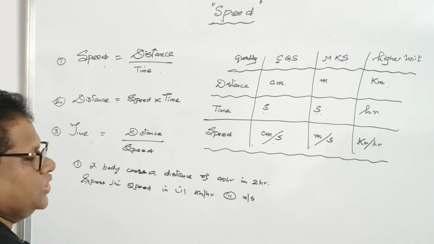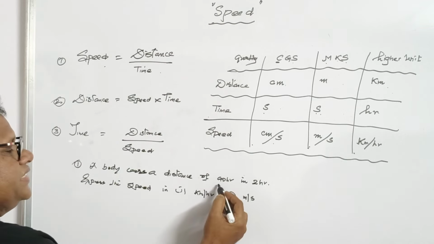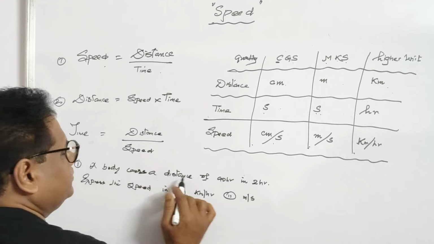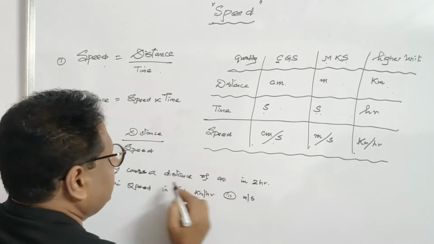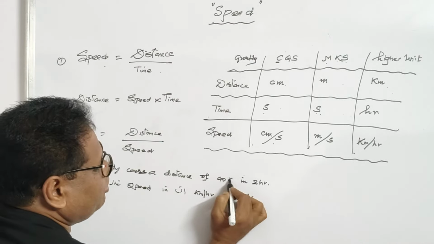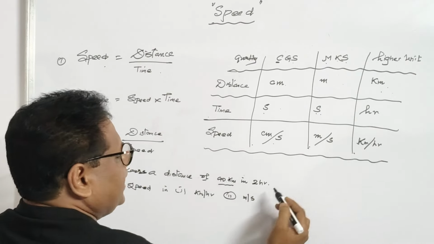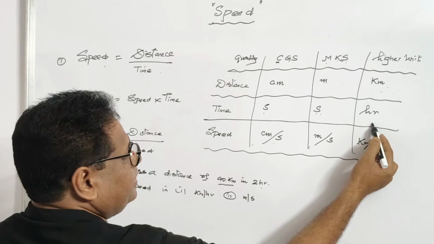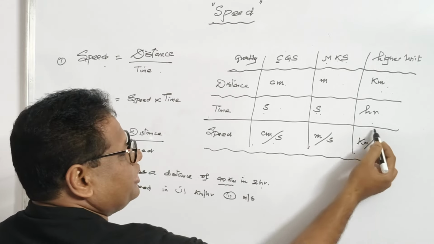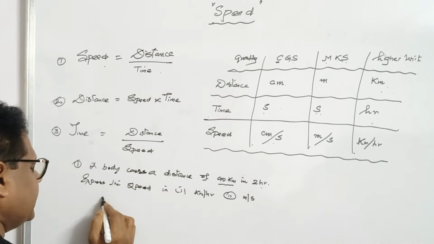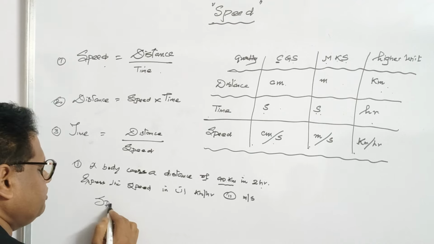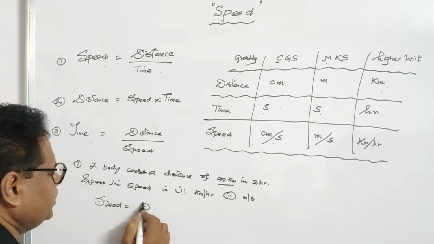Now as the question indicates, the body covers a distance of 90 kilometers in 2 hours, so the distance is in kilometers and the time is in hours. Obviously the speed comes in kilometer per hour, so directly you apply the formula speed equals distance by time.